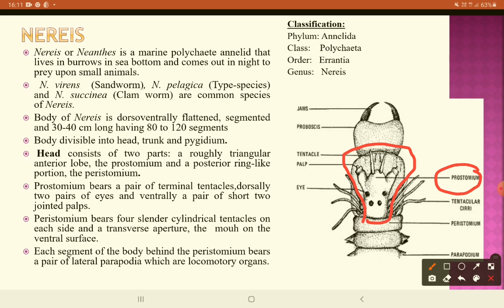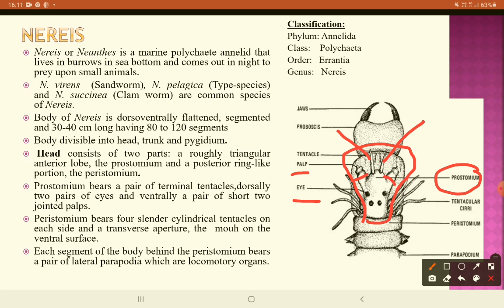The prostomium bears a pair of terminal tentacles. These are the ones, two terminal tentacles. Dorsally it has two pairs of eyes, and ventrally a pair of short two-jointed palps. Can you see a palp here? This is the one and this is the other one, a pair of palps.